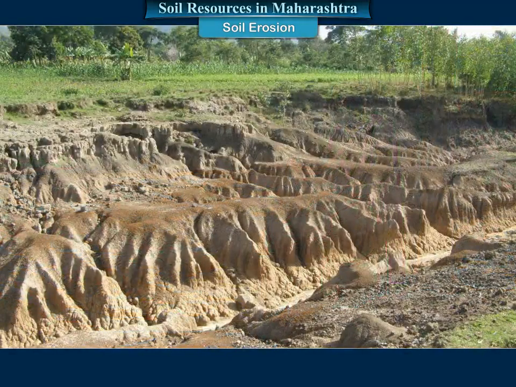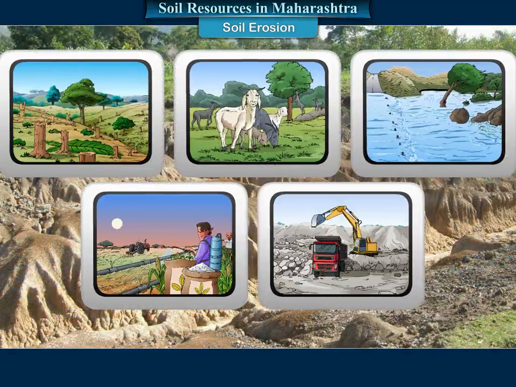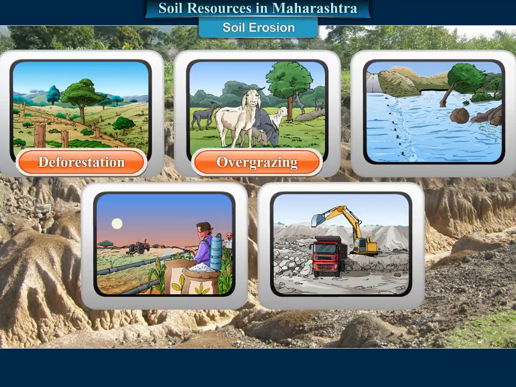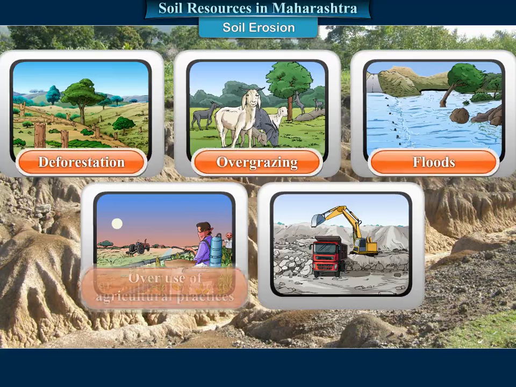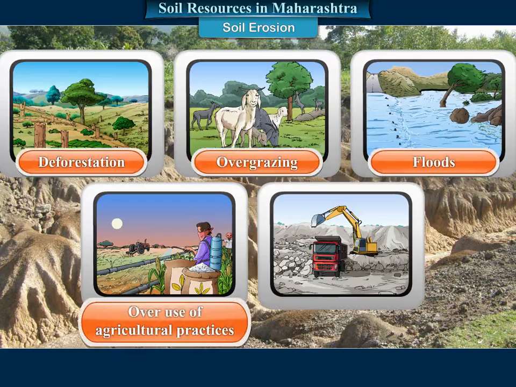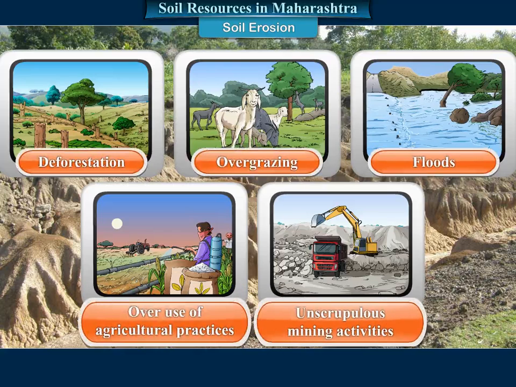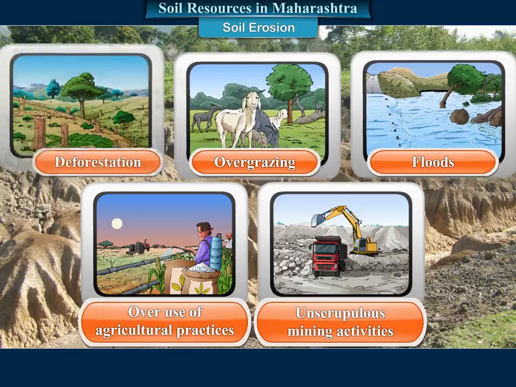Soil erosion is not the outcome of a single but multiple factors. The factors that result in soil erosion are deforestation, overgrazing, floods, overuse of agricultural practices, and unscrupulous mining activities.